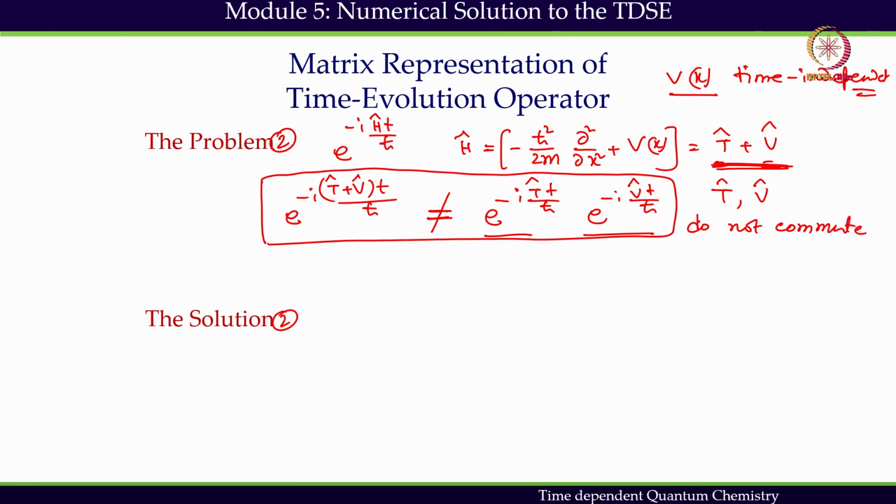And because they do not commute, we cannot write down the exponential of the sum as a product. Why? I'll explain it very soon. But there is a solution.